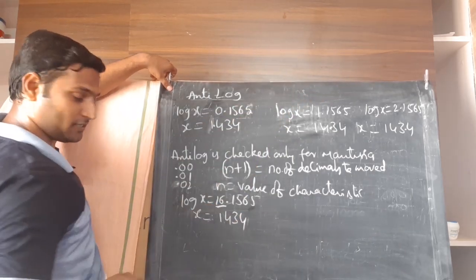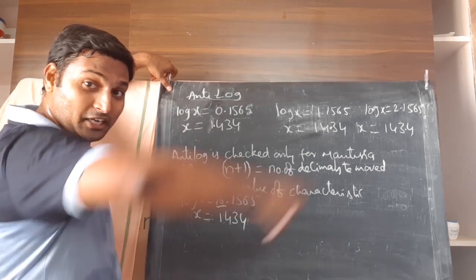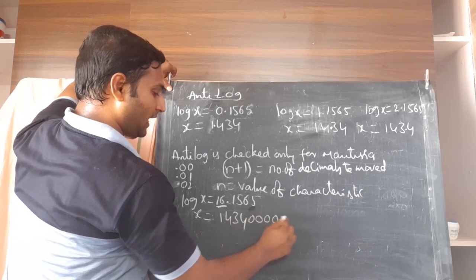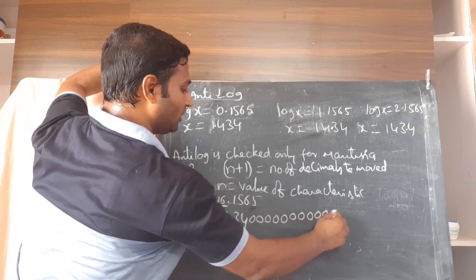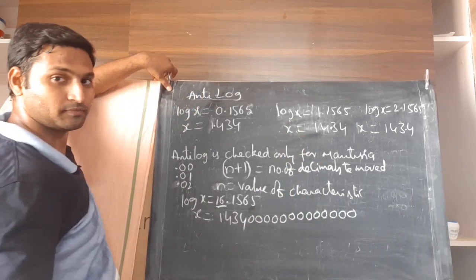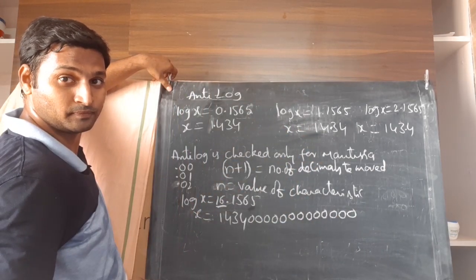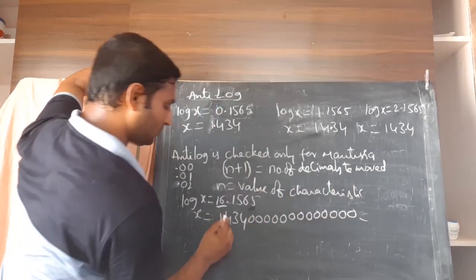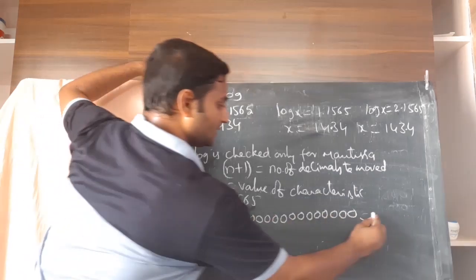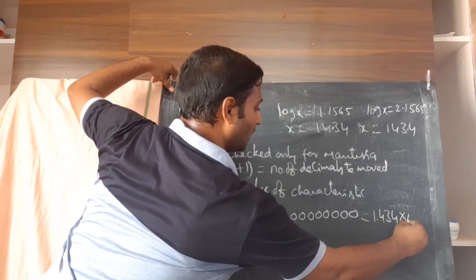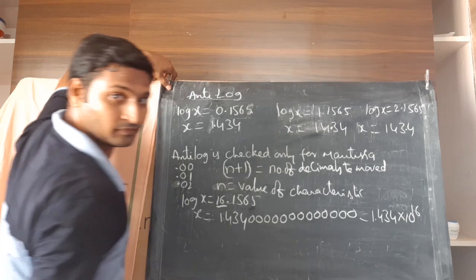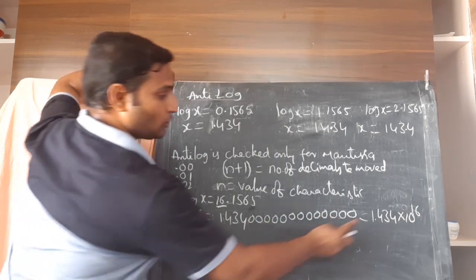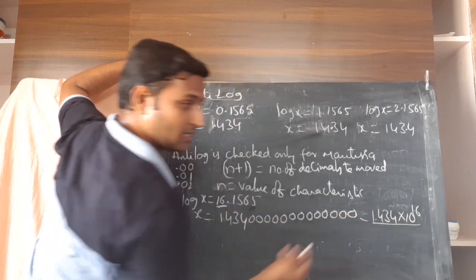Now the value of characteristic is 16, so I should move 17 decimals, that is 1, 2, 3, up to 17 decimals. Now if I have such a value, how would I write it in scientific notation? I'll write it as 1.434 times 10 to the power 16, because I am moving 16 decimals to the right and putting a point here.